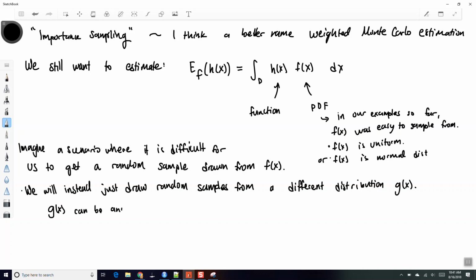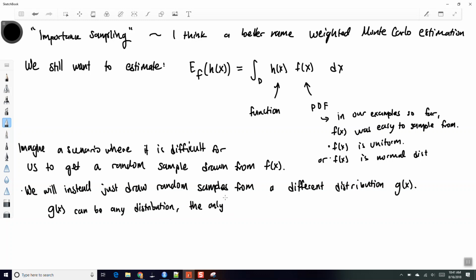g of x can be any distribution. The only requirement is that the support of g of x has to be a superset of the support of f of x. So if the PDF for f of x goes from, let's say, 0 to 10, then the support of g of x has to at least contain 0 to 10. If it only goes from 0 to 5, it's no good. If it goes from 0 to 11, that's fine.